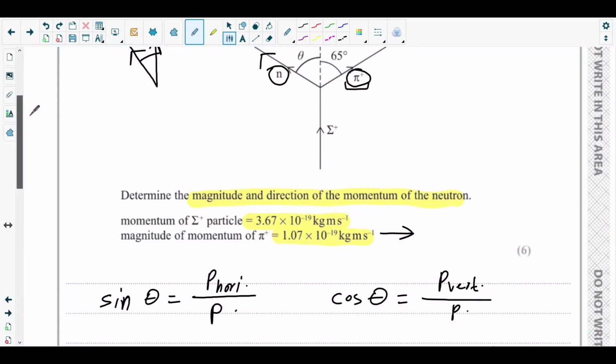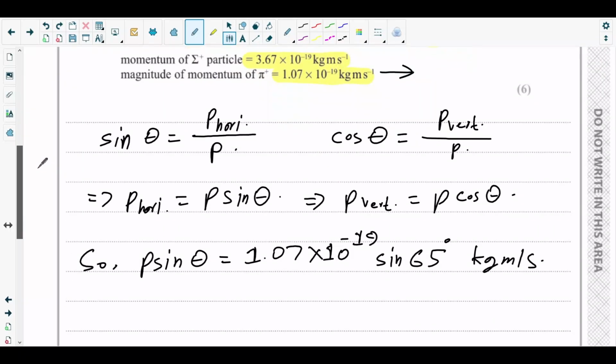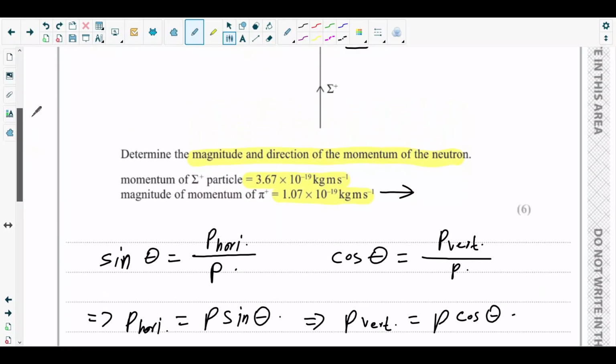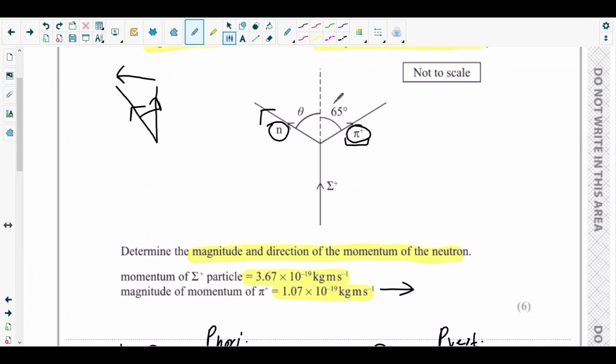Then consider the vertical component of the momentum of the neutron. Vertically, the momentum of the pion plus and the momentum of the neutron add up to equal the momentum of the omega plus.